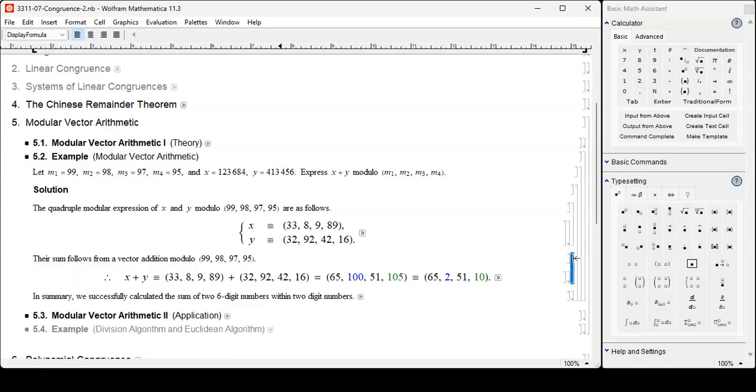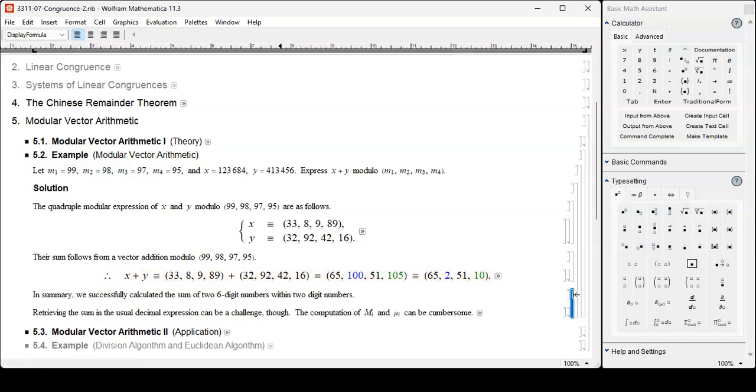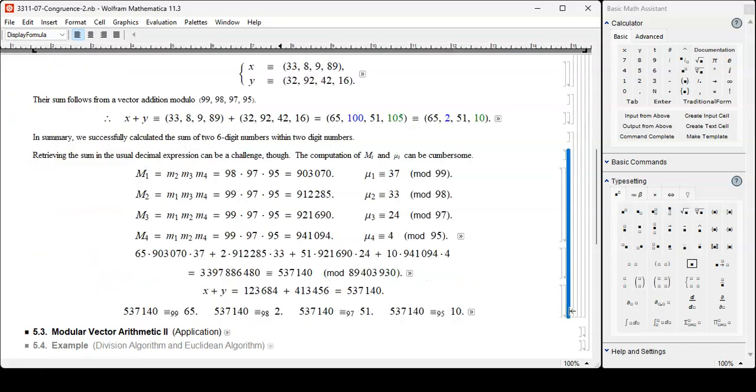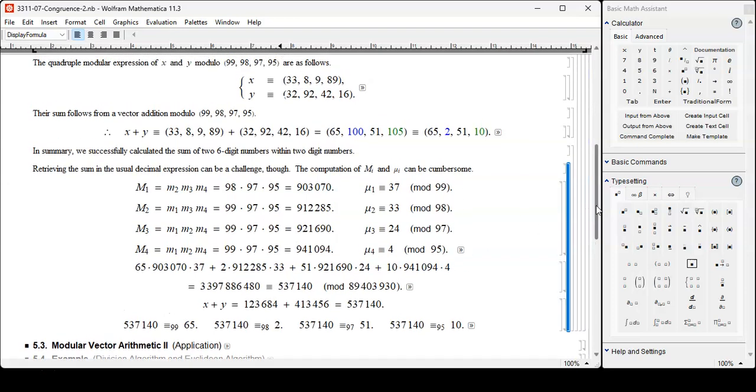And then you can do vector arithmetic, modulo 99, 98, 97, and 95 respectively. And then using the Chinese remainder theorem, we can retrieve the original answer back: capital M1, capital M2, capital M3, capital M4 as usual, and their multiplicative inverses modulo small mk, like these, and use those to get this linear combination expression so that you get the original answer back.